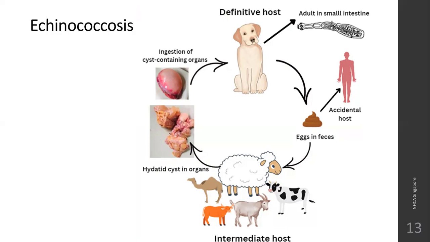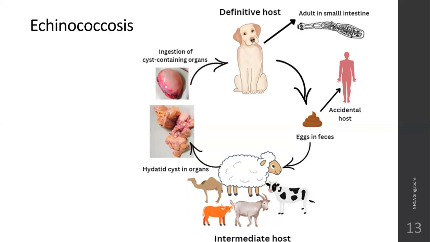Then you have echinococcosis. Humans are the accidental host here. It is usually transmitted between sheep, cattle, and dogs. In farmlands, if you have cattle as well as dogs, there are high chances the human will also get this.